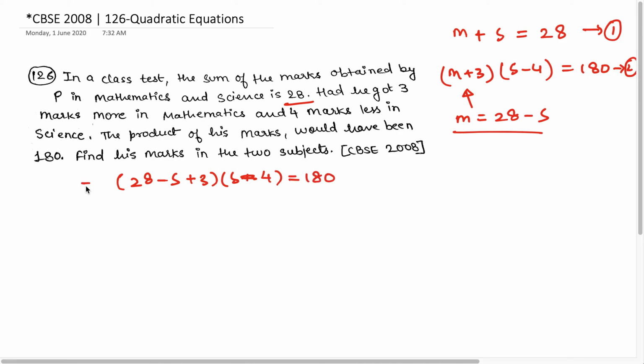Now I just have to solve this. What will this become? 28 plus 3 becomes 31 minus S, into S minus 4, is equal to 180. This becomes 31S minus 31 into 4, which is 124, minus S square plus 4S, is equal to 180.